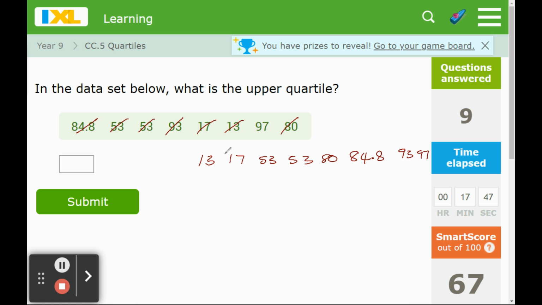If I count how many numbers I have here, I've got 1, 2, 3, 4, 5, 6, 7, 8 numbers. So let's take out 4 from either side.